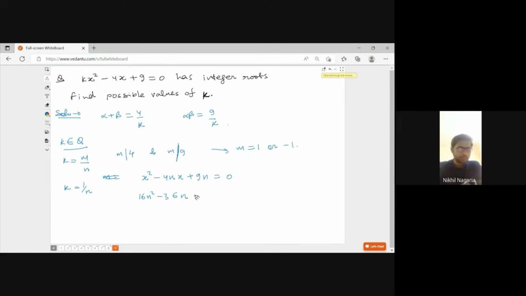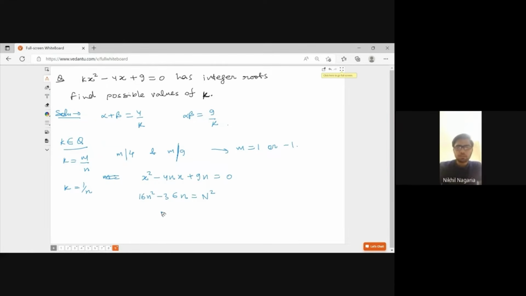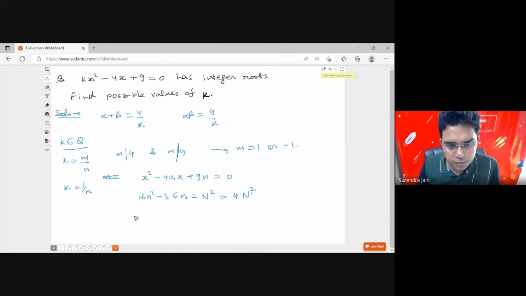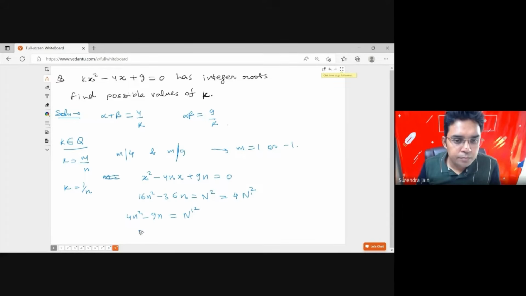Now this should be a perfect square. Since 4 divides the left-hand side, 4 must also divide n. So we can let n equal 4p and cancel the 4. Then we get 4n² - 9n equals a square.